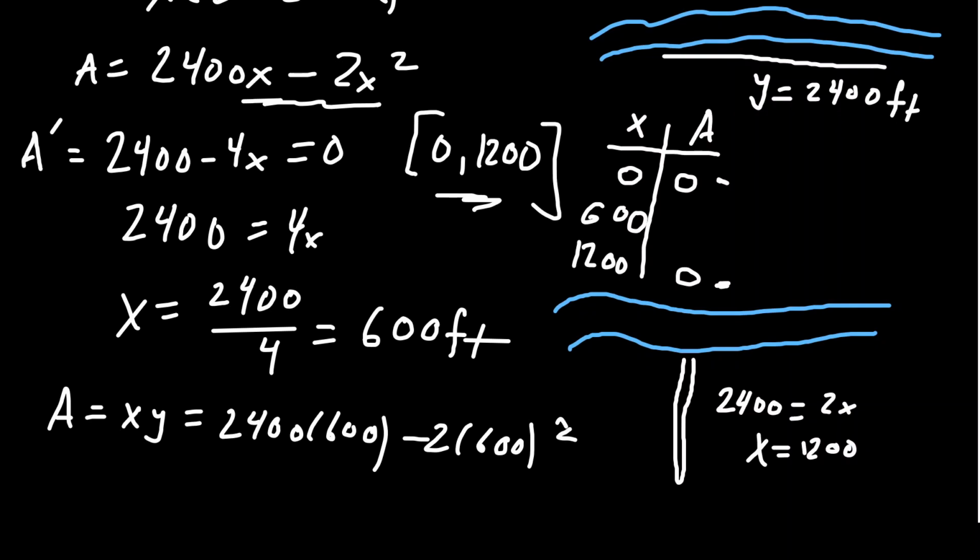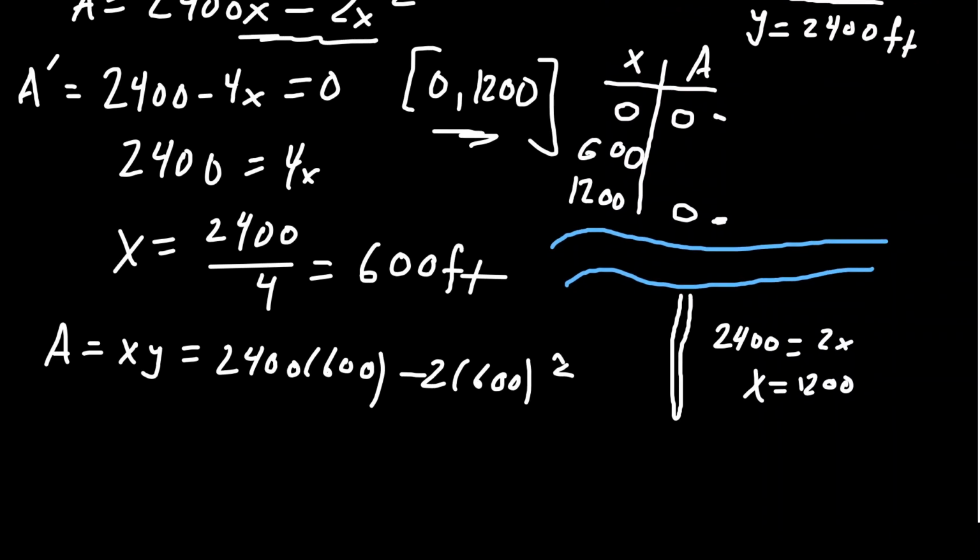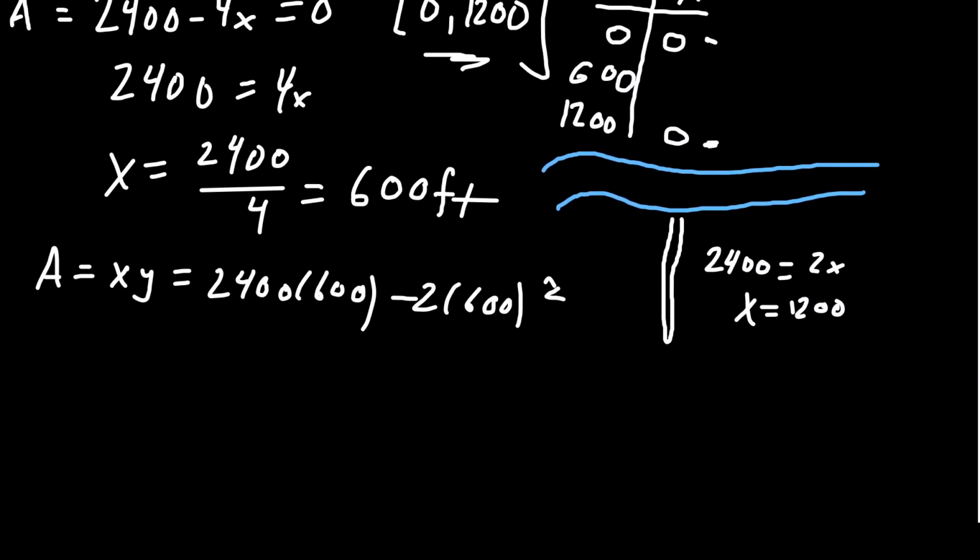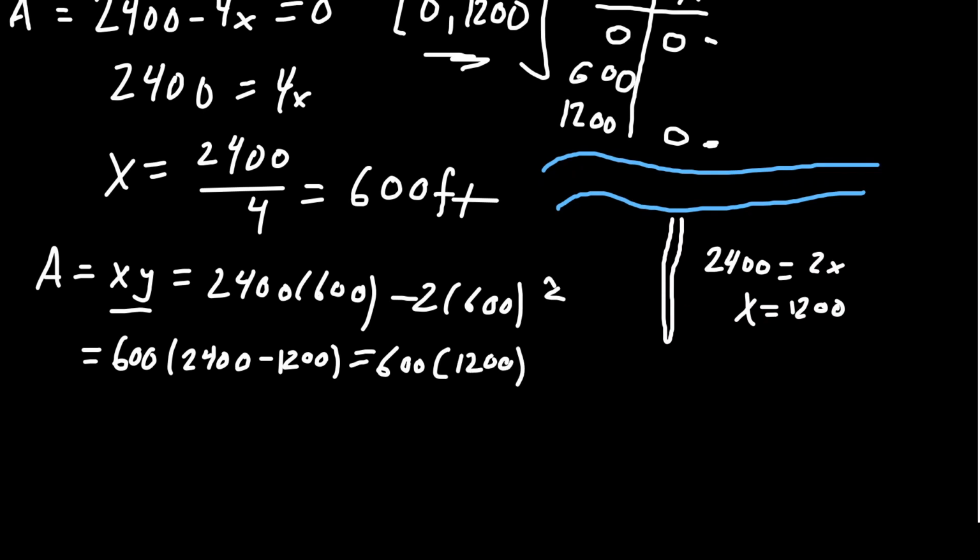The arithmetic is a little more complicated here, not too much though. On the other hand, if x is 600, what is y going to be? Like we saw before, y was equal to 2400 minus 2x, which is 1200. You end up with 600 times 1200, and whichever one you do, these are going to be the same thing.